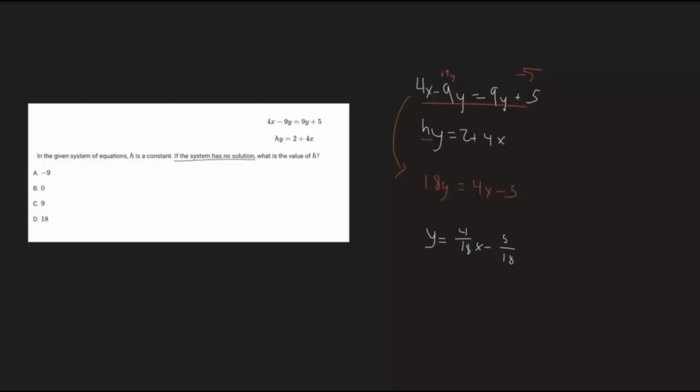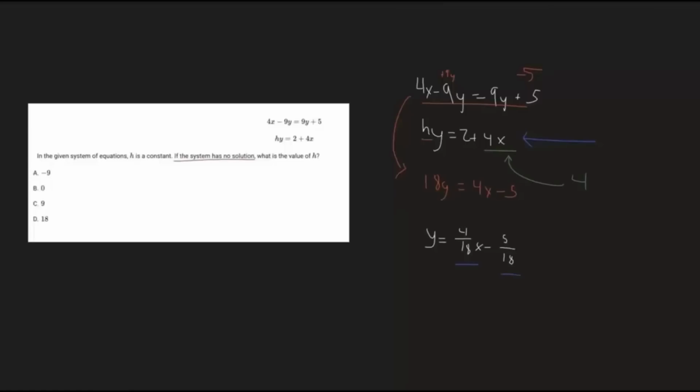All right, so this is our equation, right? That means what we need to do is get the second equation right here to have the exact same slope of 4/18, but a different y-intercept. So let's see if we can do that. So we have hy equals 2 plus 4x. So let's zoom in on this slope, right? The current slope is 4, as a value of 4. Let's just ignore the x for now.